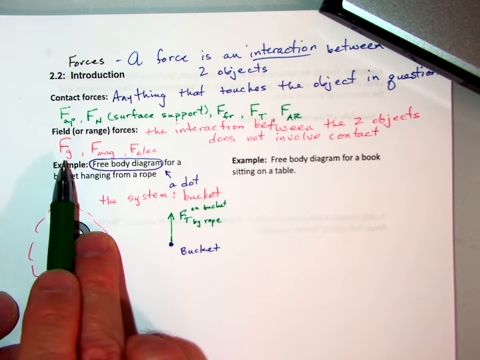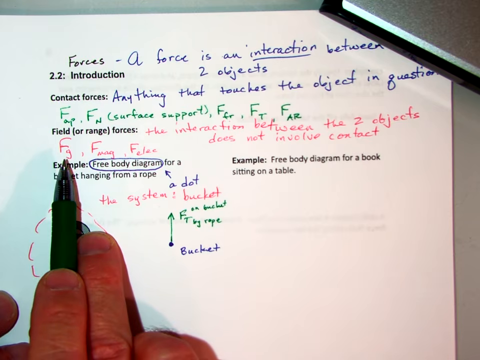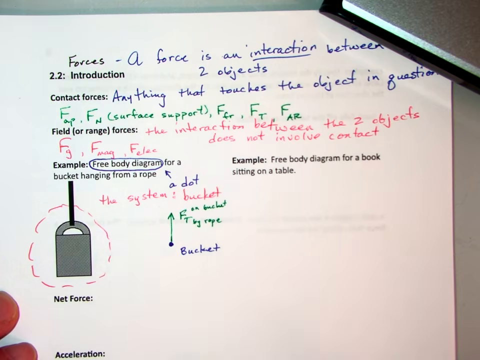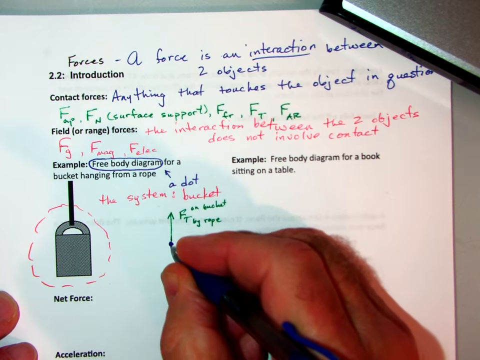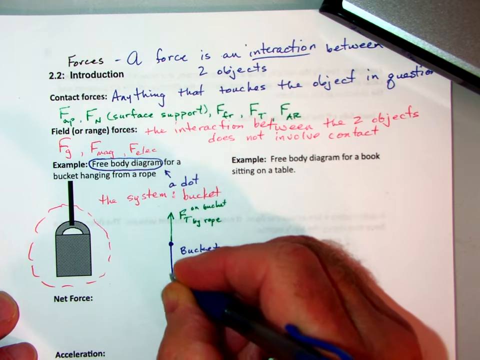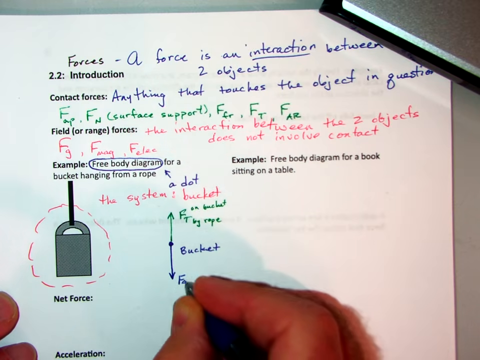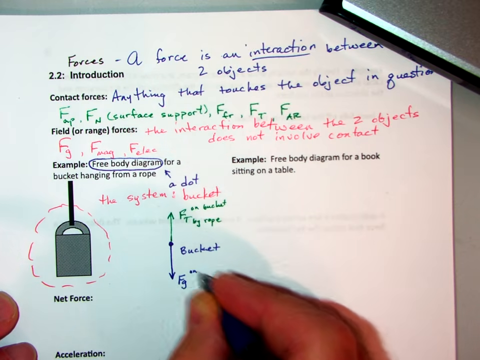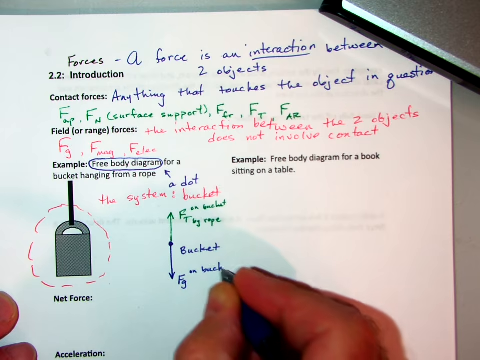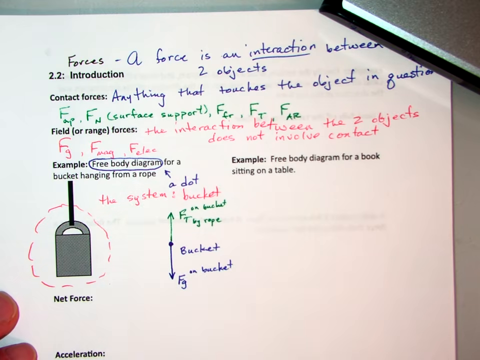Now, there is a field force, the gravitational force, also acting on our system. And so there is a gravitational force on the bucket. Right? Well, if a force is an interaction between two objects, what is the object that causes this gravitational field force?